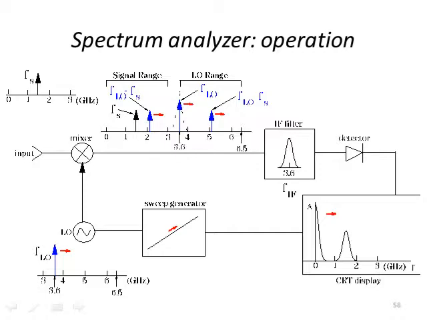So this is just a diagram to show if we have, let's say, an input signal that has a frequency fs between 1 and 2 gigahertz, then the local oscillator is going to scan, let's say, from 3.6 up to 6.5. You're going to mix these two. This thing is going to keep scanning. You can see our signal range and our local oscillator range, and then we have this modulated signal.